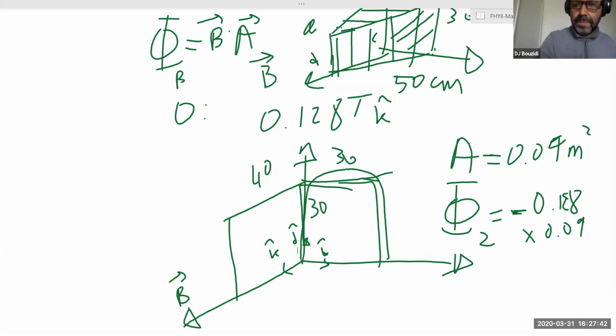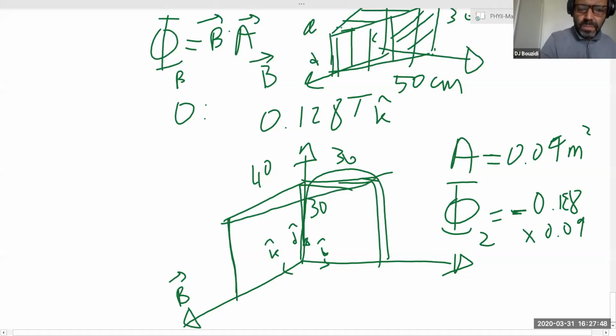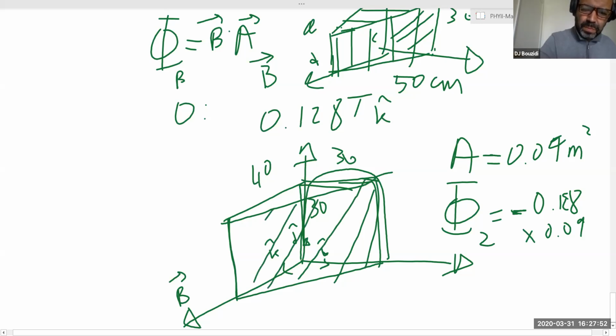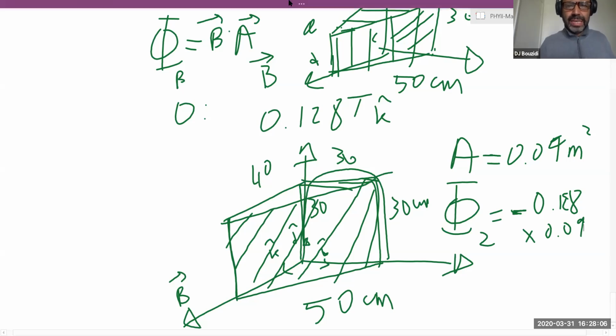Because this area now, where is this area now? This is 50 centimeters, and this is 30 centimeters. The area matters, and it matters which way they tell you to read it.